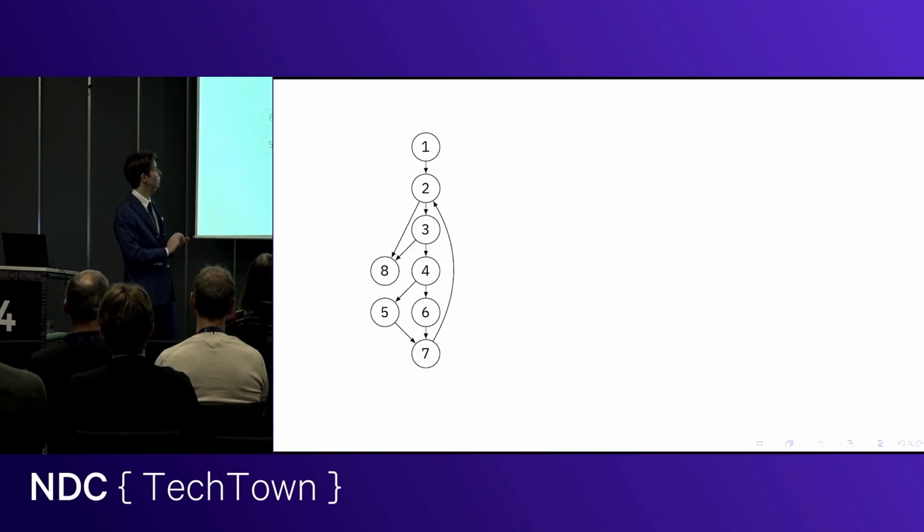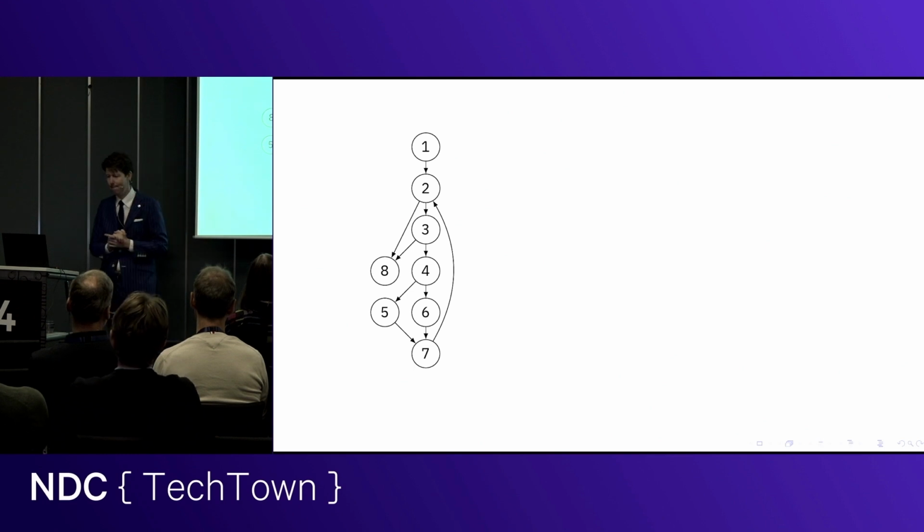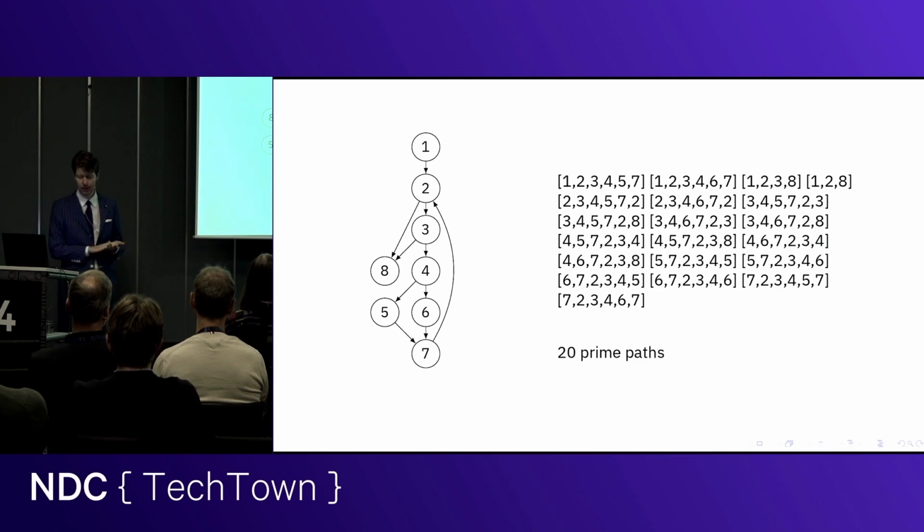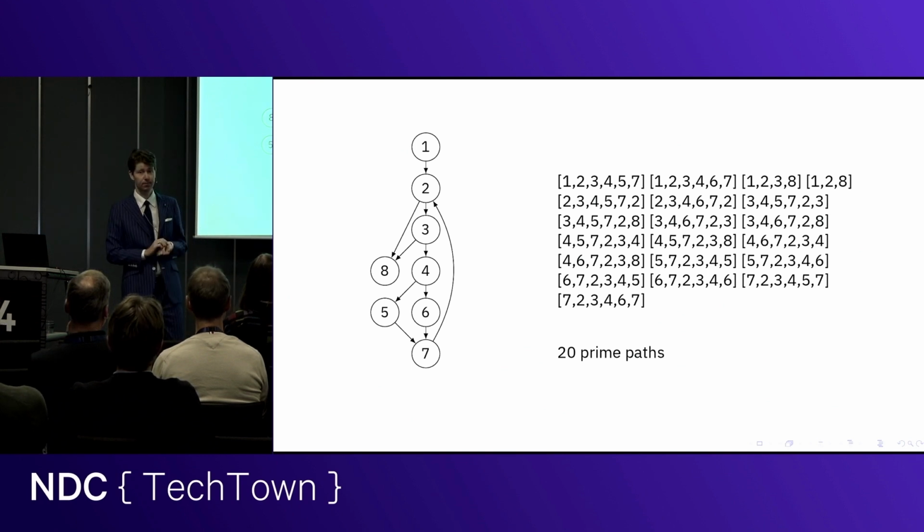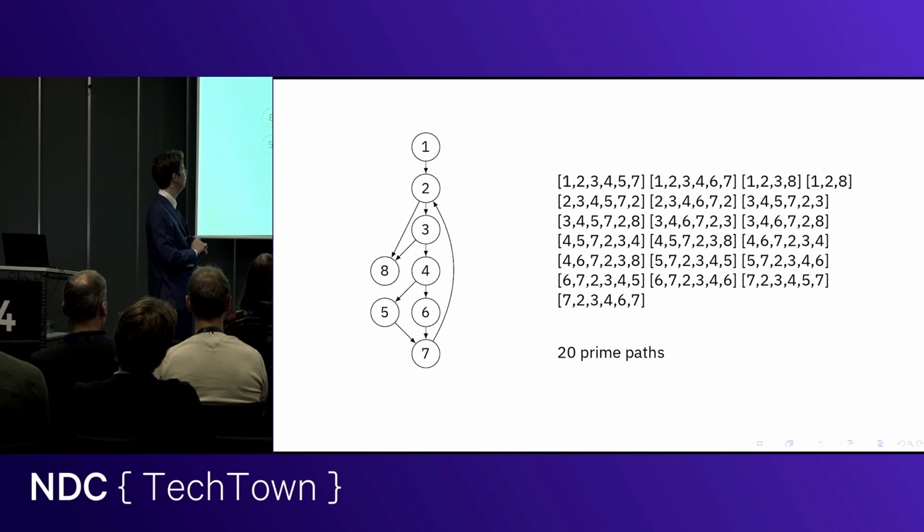So let's go back to our binary search, because it actually has a loop, unlike the double if. Now, this graph has 20 prime paths, which is less than infinite if we would do all the loops n+1.